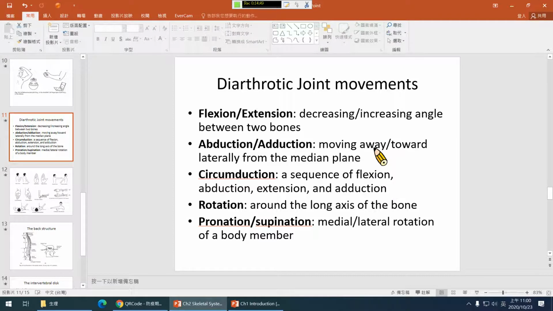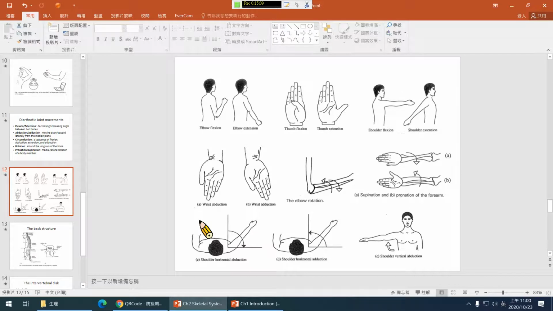How about hip? This is hip abduction, moving away from the sagittal plane, median plane. Okay, let's look at this figure. Now, very interesting.